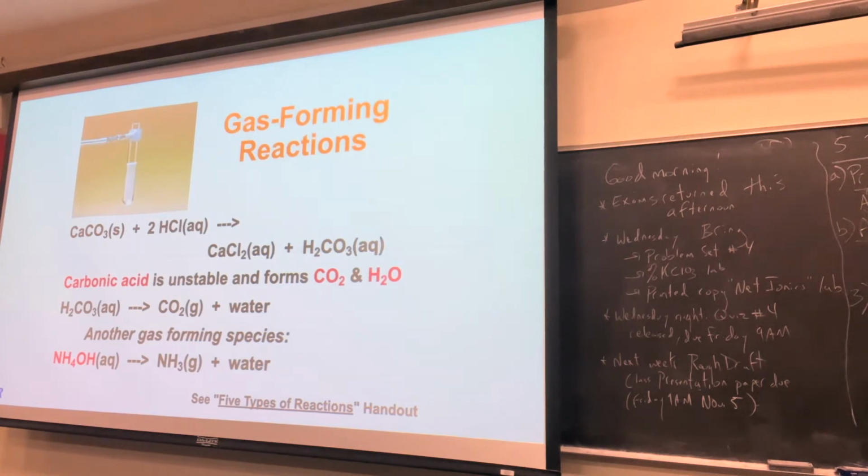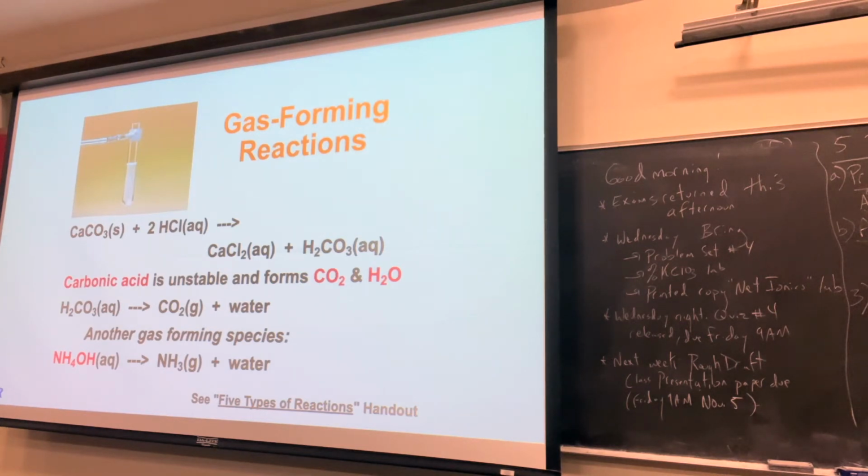What usually happens here is you start with a metal carbonate. A carbonate is CO3 2-. So if you have a metal with it, like calcium, sodium, potassium, whatever, you have a metal carbonate.